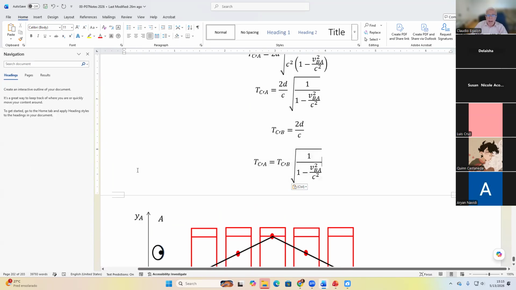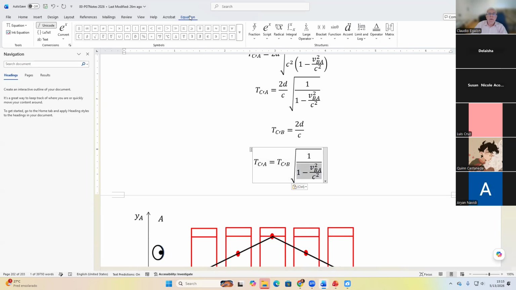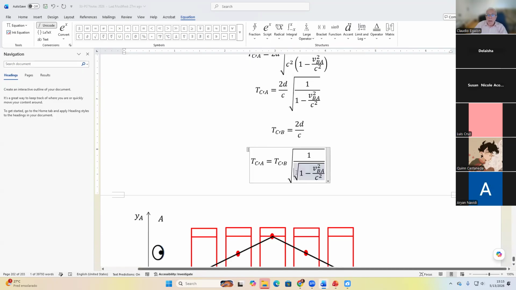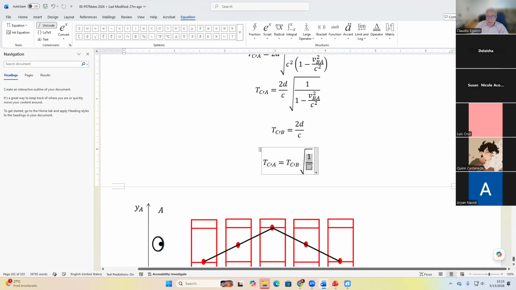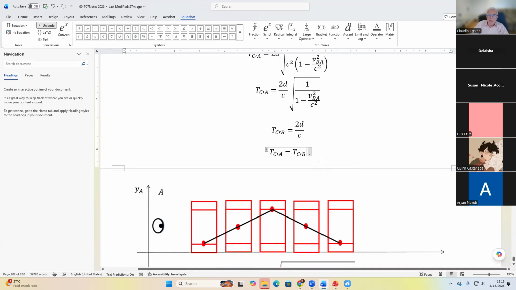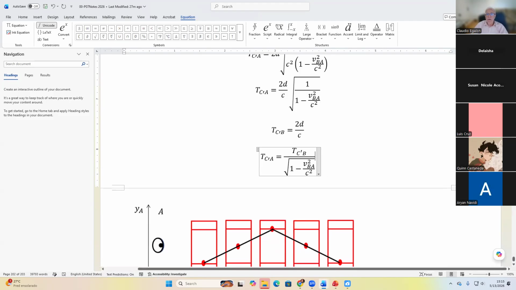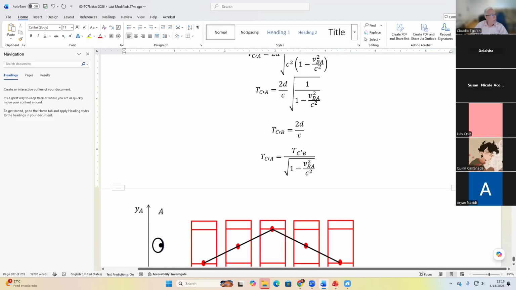Let me write that in a different way. The square root of 1 is 1, so I don't need to keep my square root there in the 1. And all we have to do is to divide TC prime B by this square root. This term that you see here, 1 over.